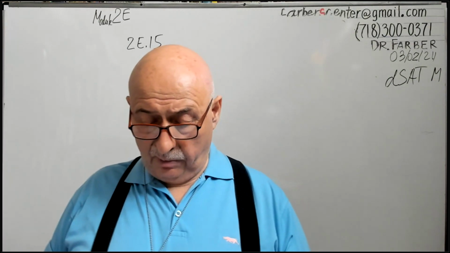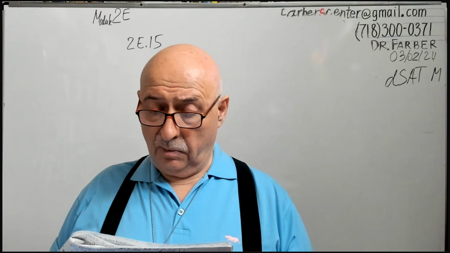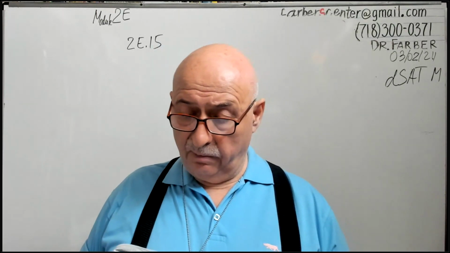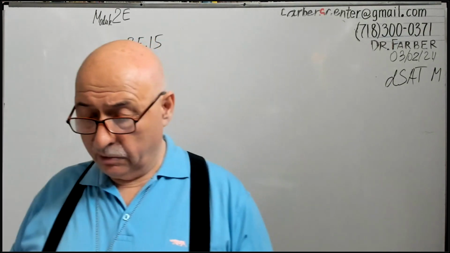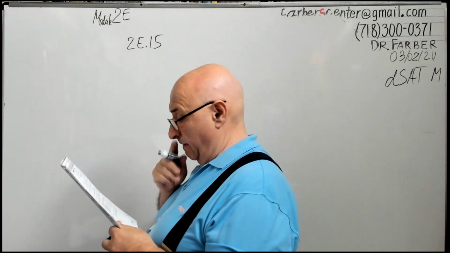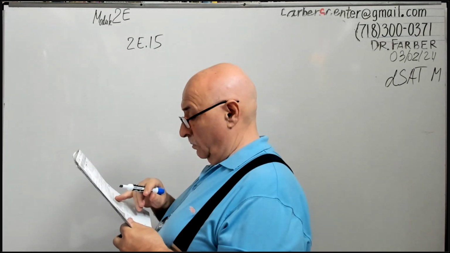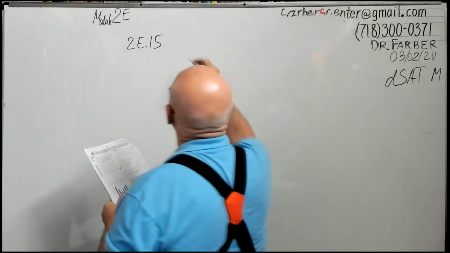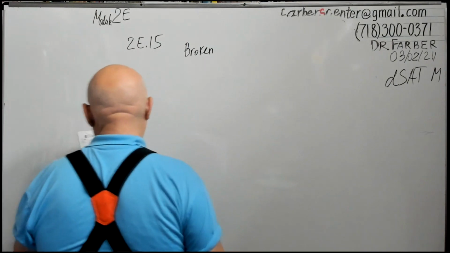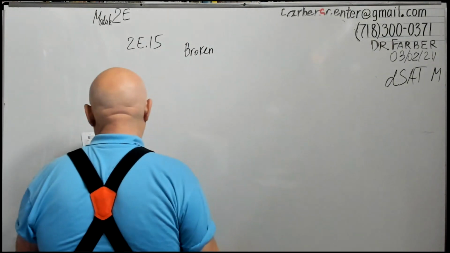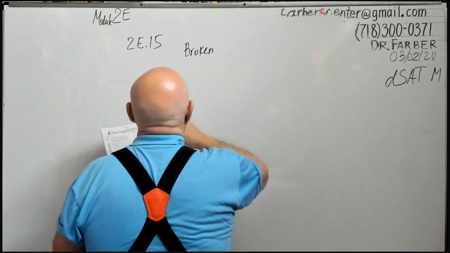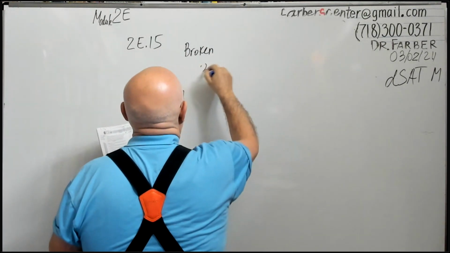Look at this table. They said 3 out of 50. It's written here. So what is 3 out of 50? They are broken. Out of how many samples? 3 out of 50.